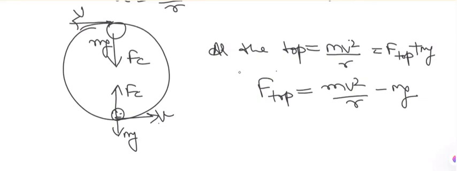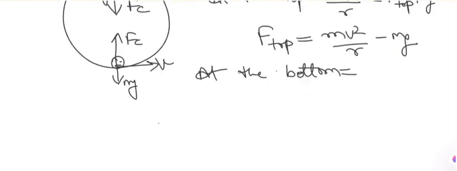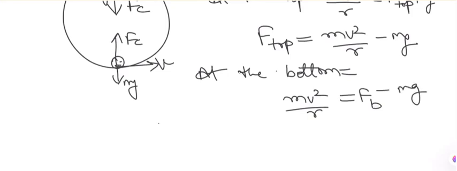Now let's talk about at the bottom. At the bottom, mv square over r is equal to F bottom minus mg. Correct?